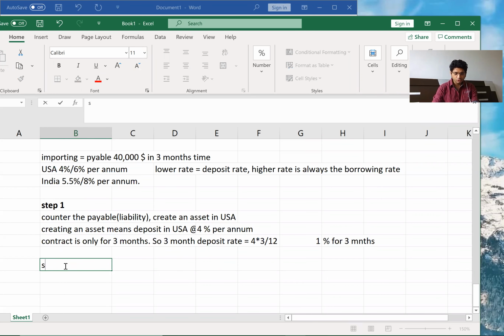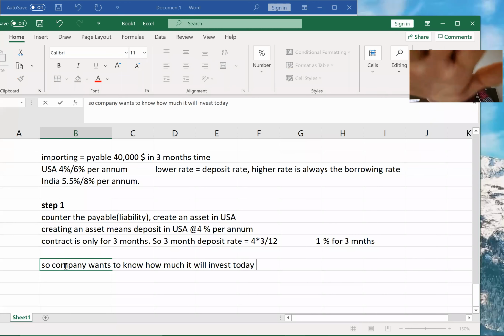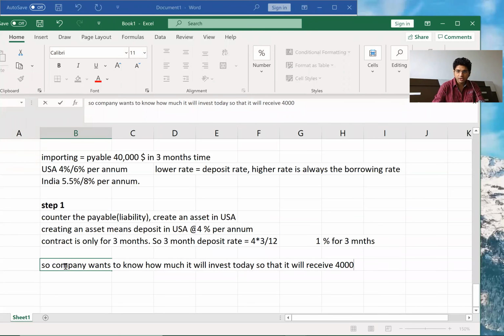So the company wants to know how much amount it will invest today so that it will receive $40,000 after 3 months at 1% interest rate, 1% deposit rate.